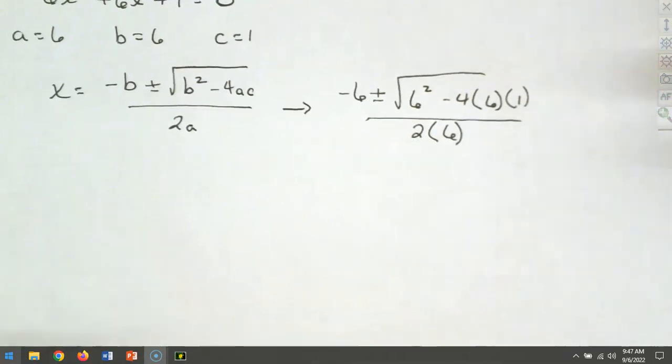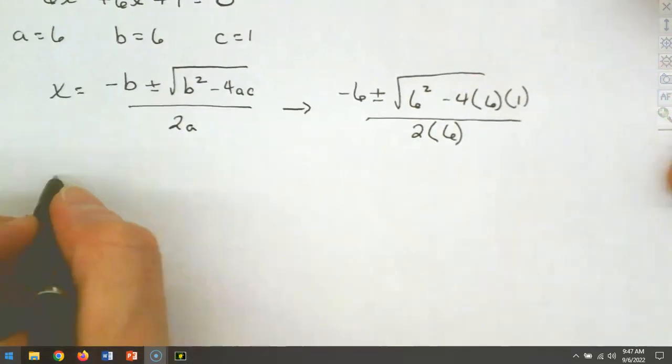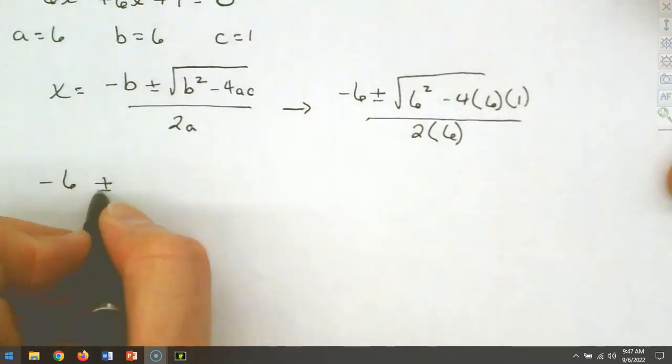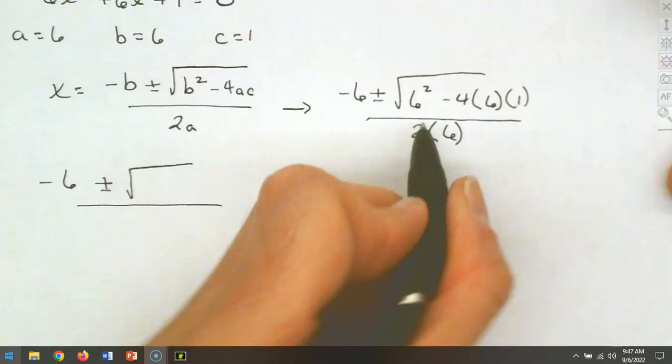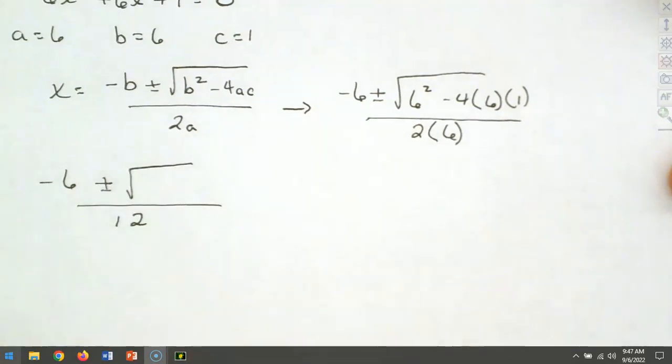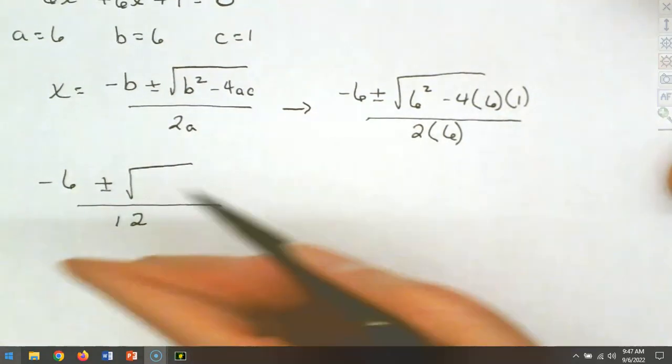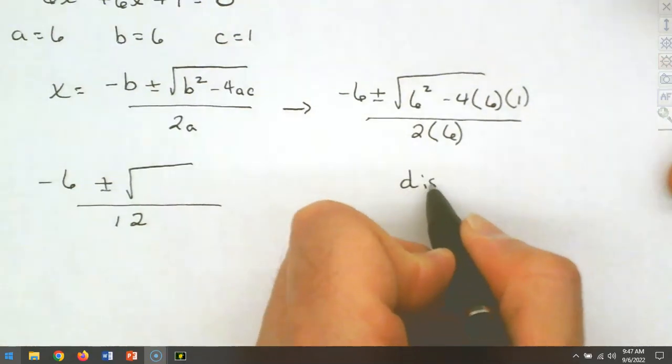Okay, I'm going to rewrite it again, clean it up a bit. So we've got minus 6, then we've got our plus or minus. And 2 times 6 makes it 12 there. So there's that piece. Let's do our discriminant separately.